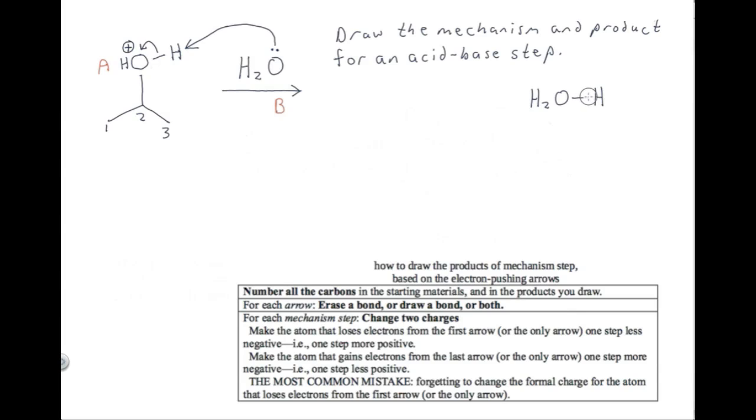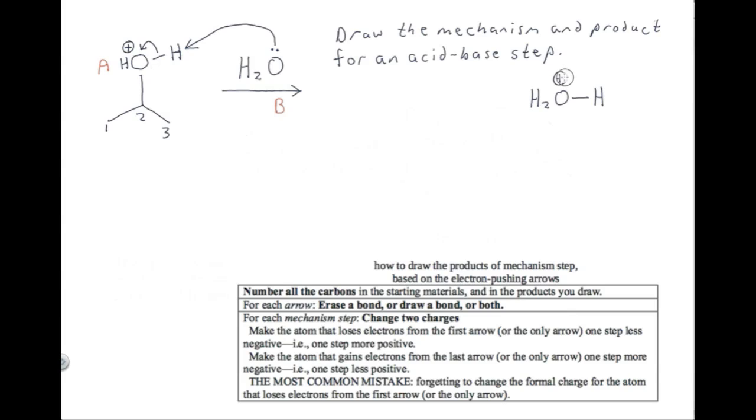Now remember, the most important thing to get right is the charges. Because this is the first arrow, we have to change a charge. We change the charge on the atom at the beginning of the series of arrows, which is this oxygen. This oxygen started neutral, and it's losing electrons. So it should become one step less negative, which means one step more positive. So this oxygen ends up with a positive formal charge.